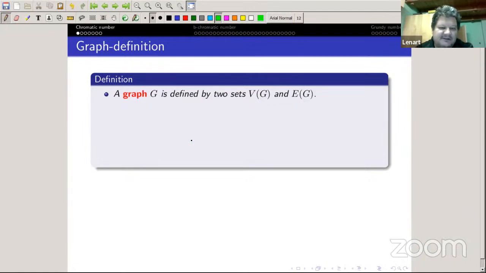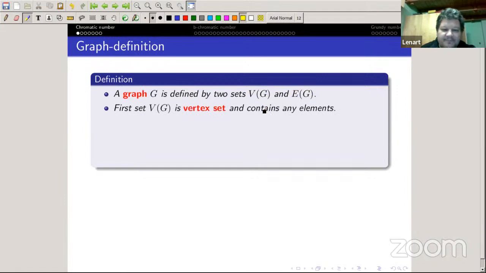As you probably know, a graph is defined by two sets. One set is a vertex set, and the other set is an edge set.